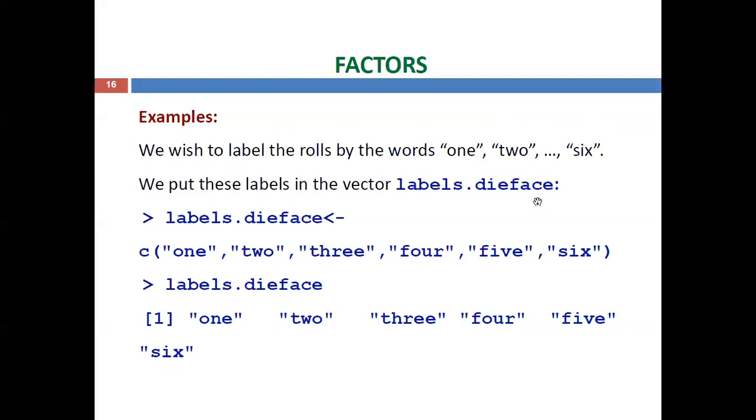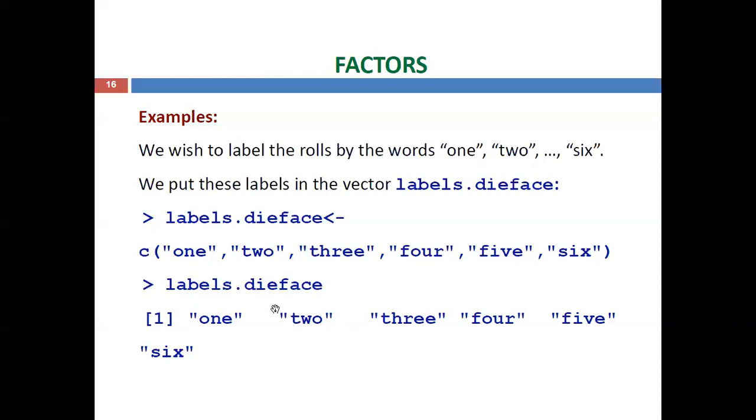Create another vector labels.dieface equal to c of. All these labels you can include within the vector by using double quotes separated by commas. So within double quotes ONE comma, within double quotes TWO comma, and so on up to double quotes SIX. Then you can call labels.dieface, so all the labels 1 to 6 will be displayed.